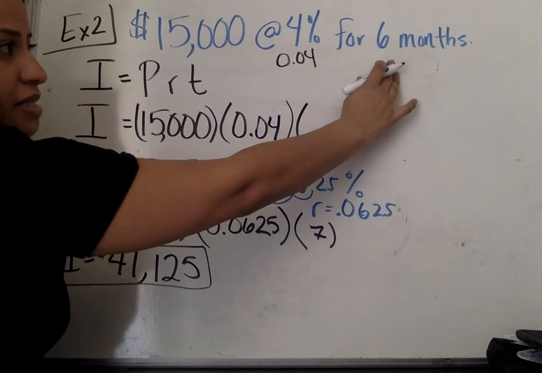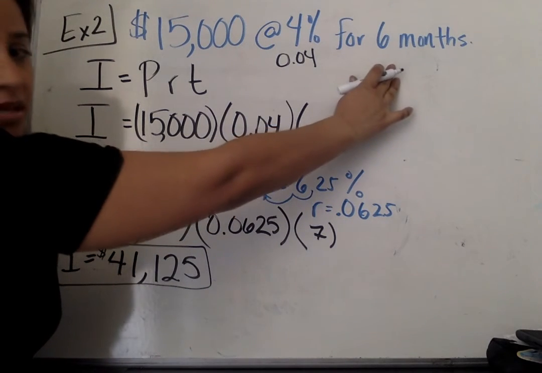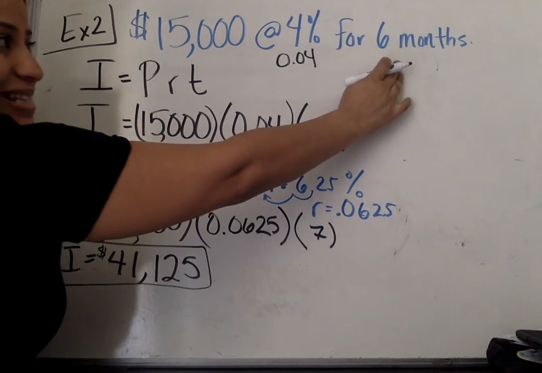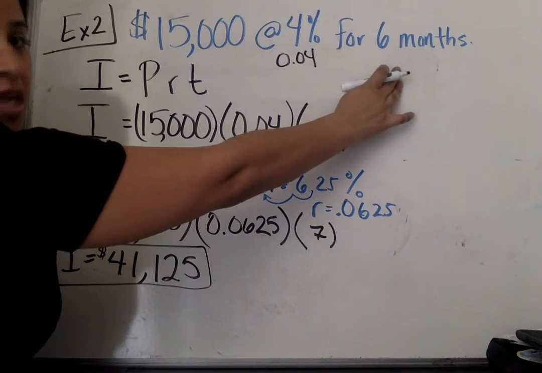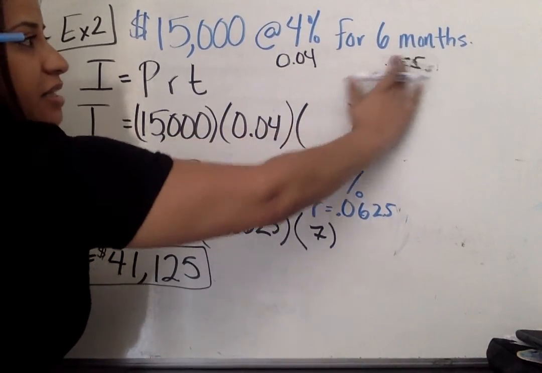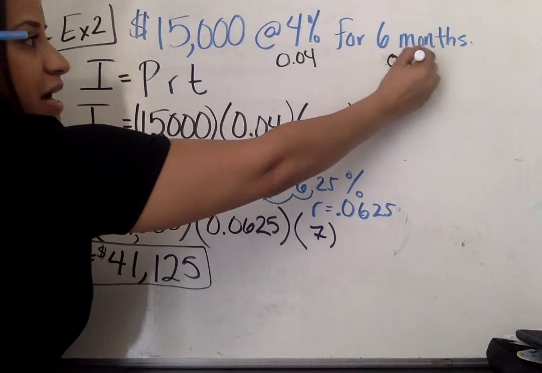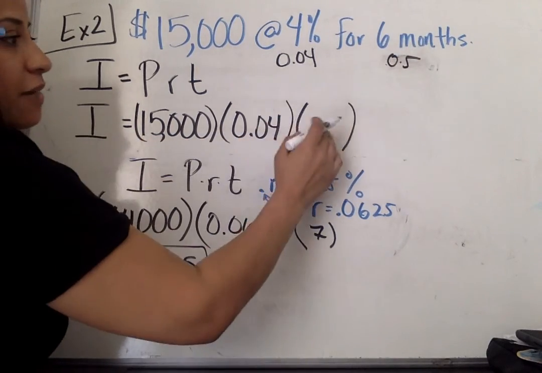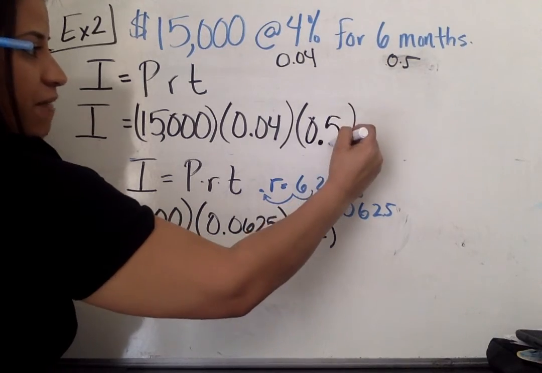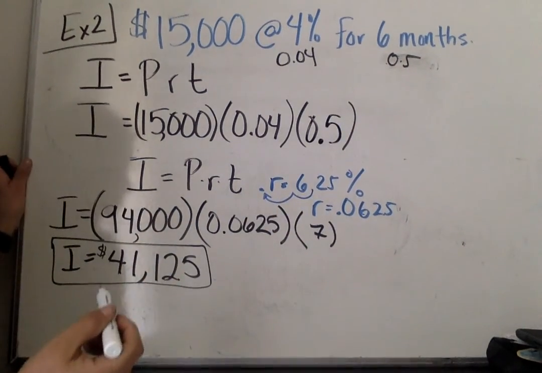And 6 months, we have to convert that into years, remember? So the formula is time in years. So 6 months in years is half a year. So we're going to do 0.5 for the 6 months, okay? So here for the time, I'm going to put 0.5 because it has to be in years.